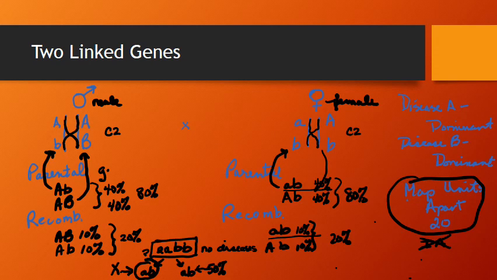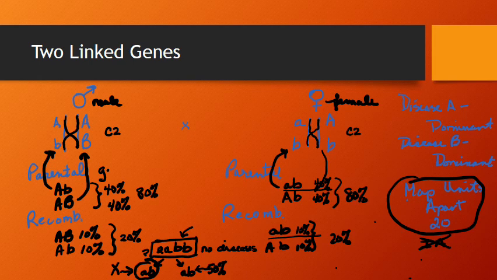We could ask ourselves any other question about any other genotype, and all we would be doing is basically looking at the chance that the specific gametes would be produced.